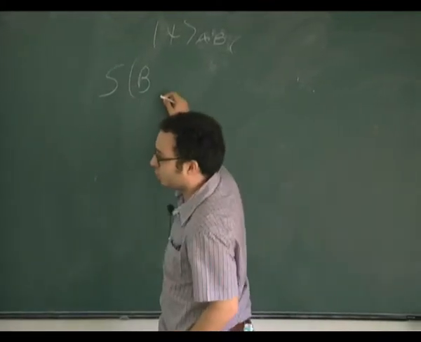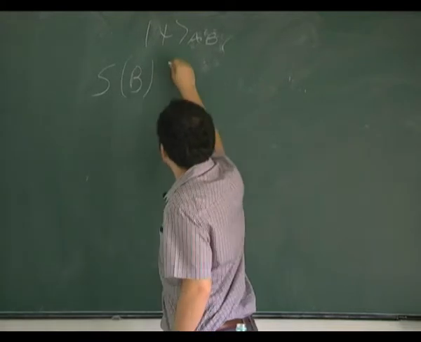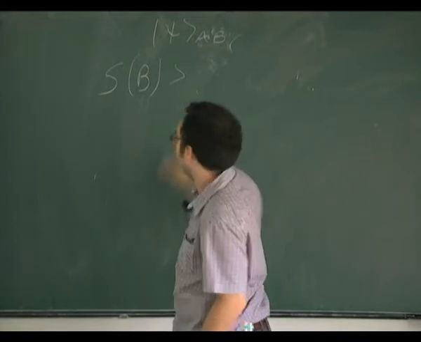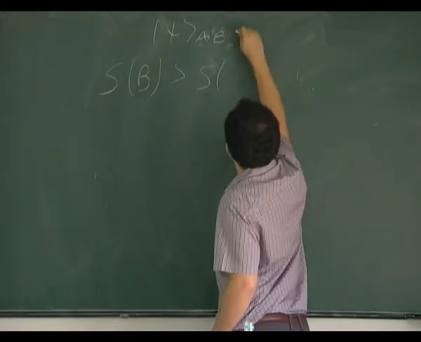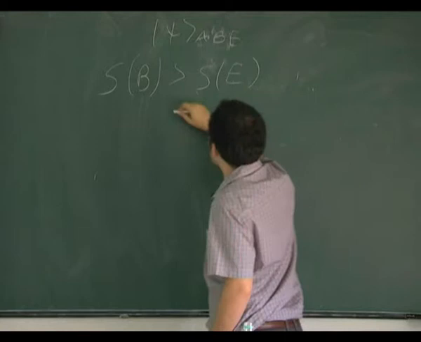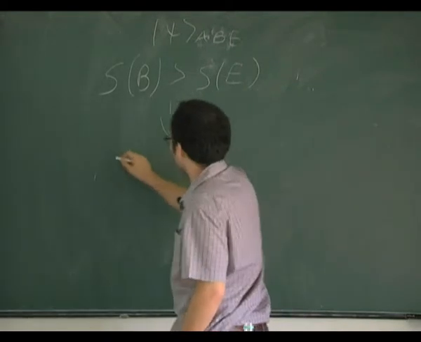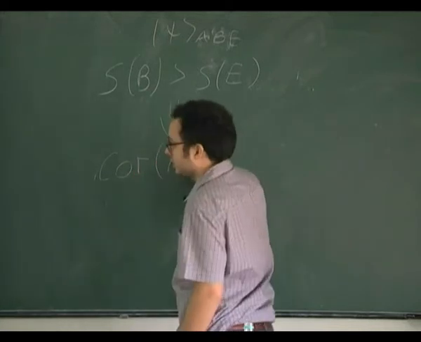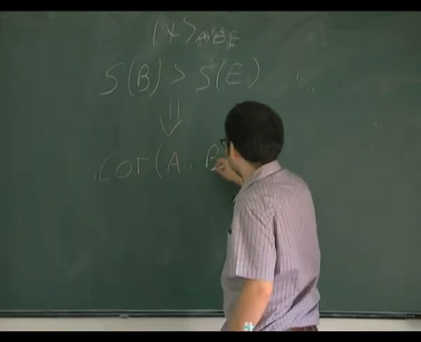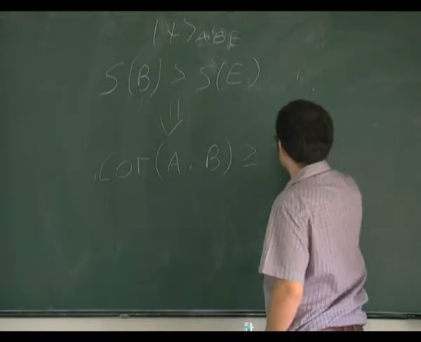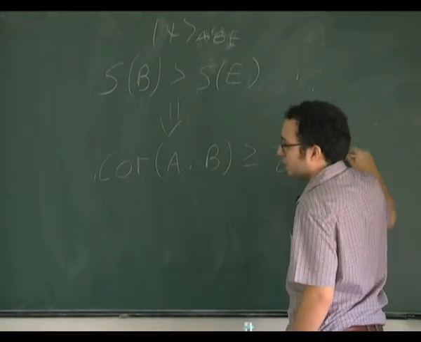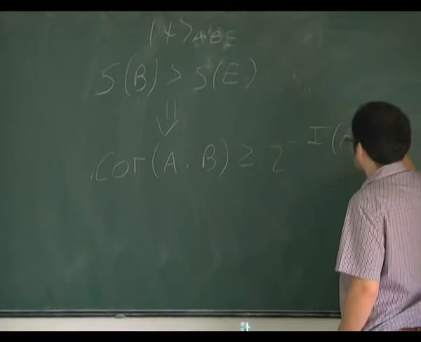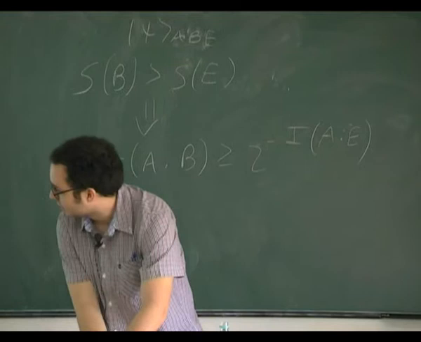If the entropy of Bob is bigger than the entropy of E, ABE, right? Then the correlation between X, which is Alice, and Bob, this will be bigger than 2 to the minus mutual information of X and Y, Alice and Eve. Let's go back there and see what this implies.